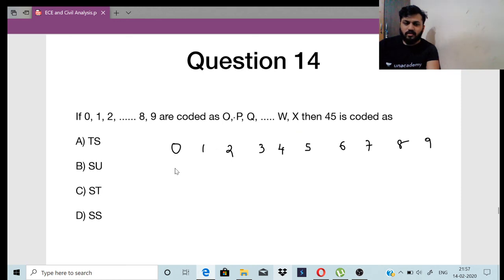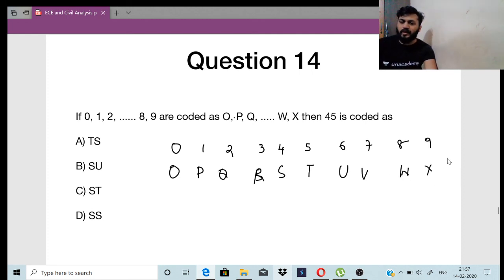O to X. O, P, Q, R, S, T, U, V, W, X, right? U, V, W, X is done. So we need 45, right?